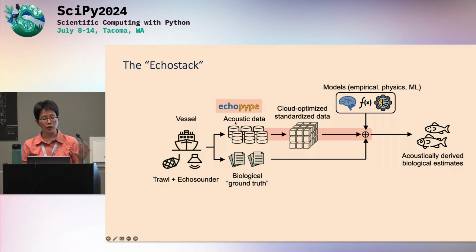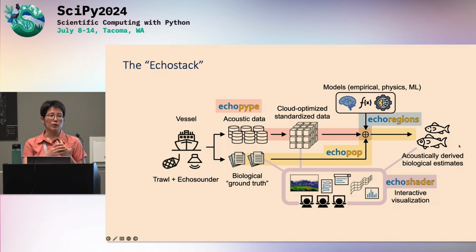So we have the EchoPipe package that takes care of the data push-pull and the organization part of it. We created Echo Regions that interfaces the acoustic data with the analysis results. And the EchoPop package basically carries the biological information through into the analysis results and spits out the biological estimates.